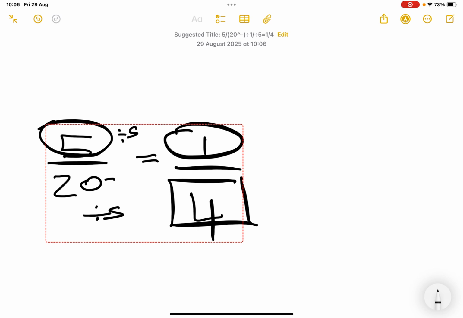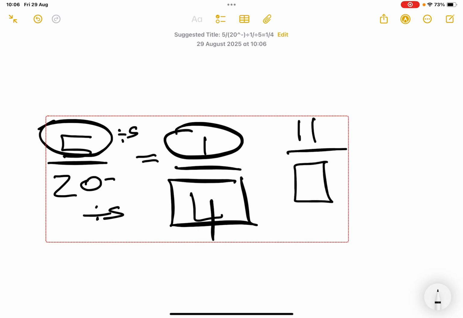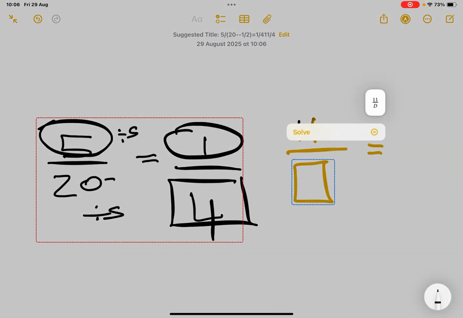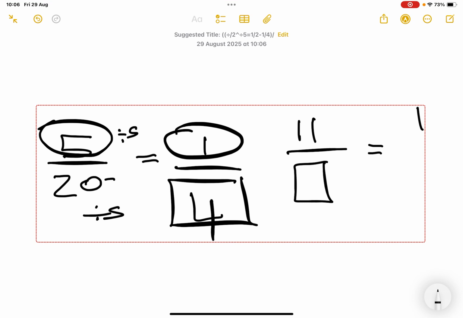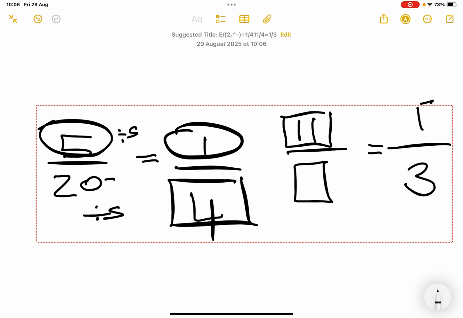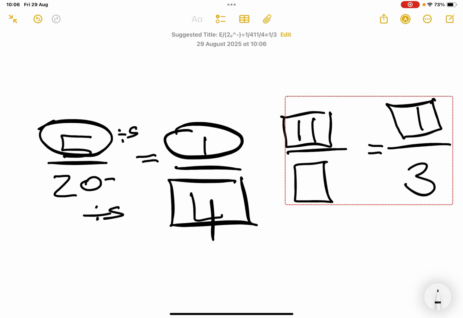One more time. Let's do 11 over something is equal to 1 over 3. So now again, here at the top, I see that on both sides of the equal signs, I have these numbers.